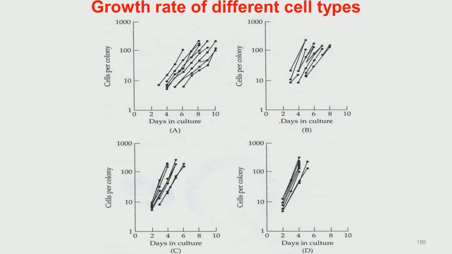That depends on the typical cell doubling time. This slide shows some of this data taken from different cell types, and mostly you can see that the cell growth is taking a linear shape. So, essentially the number of cells grows linearly with time in culture.